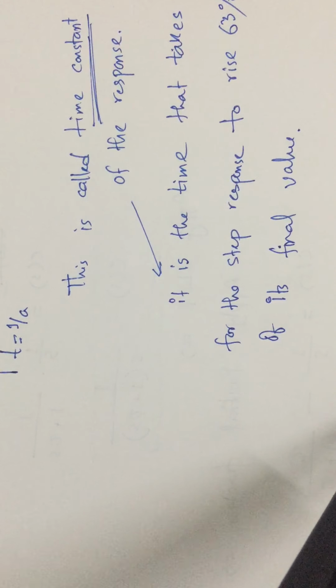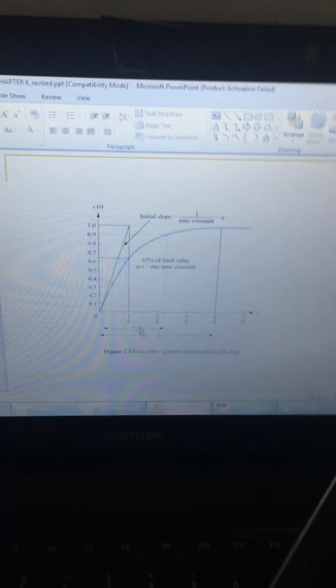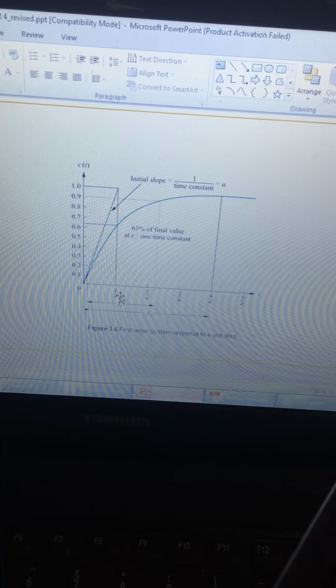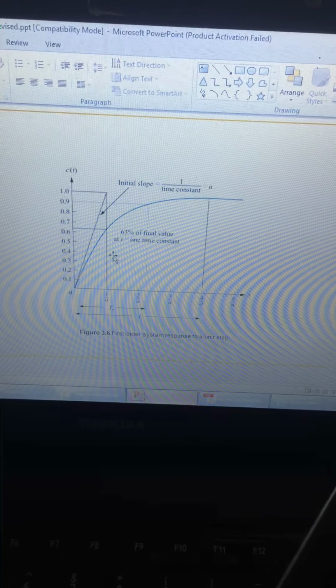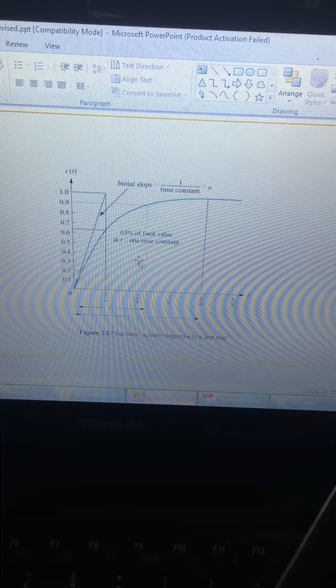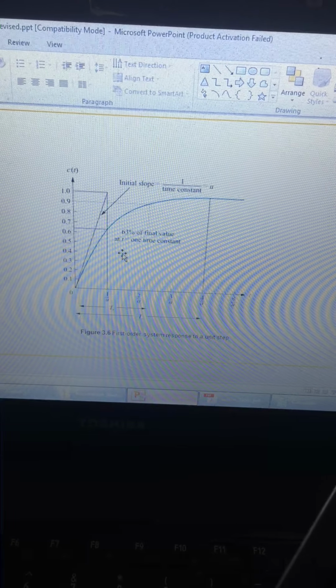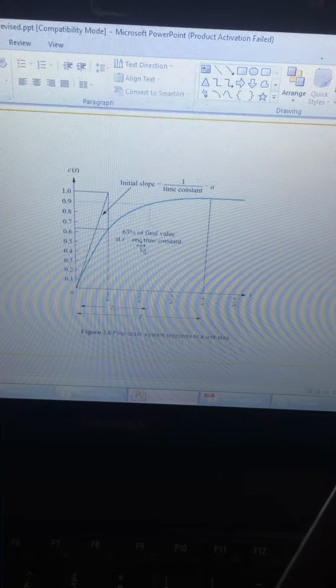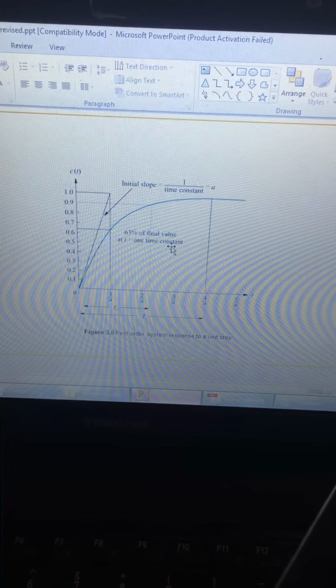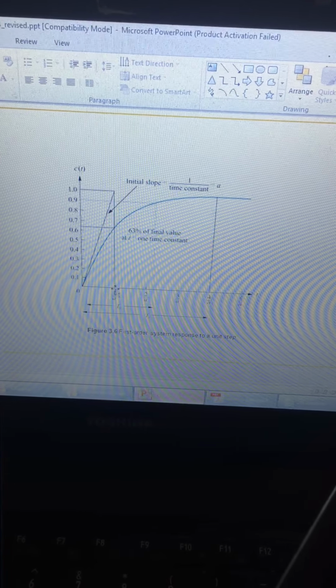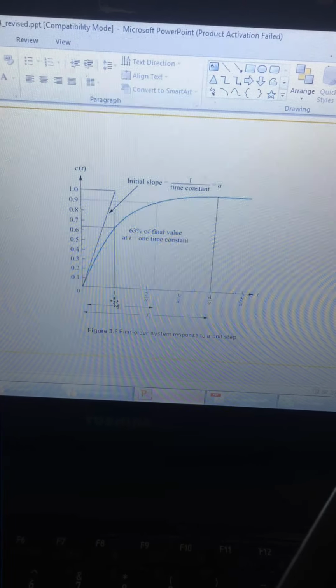So we see the graph. This is our graph. In this graph, you can see this 63% of the final value at t equals 1 time constant. 1 time constant means this one, 1 over a.